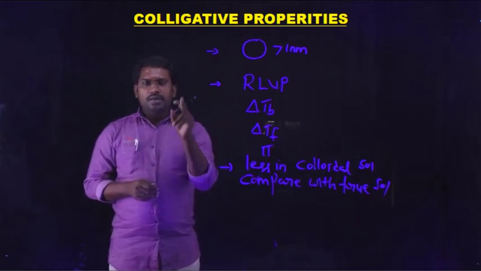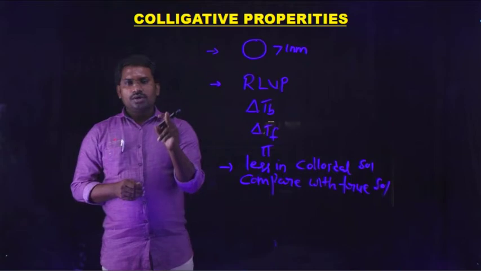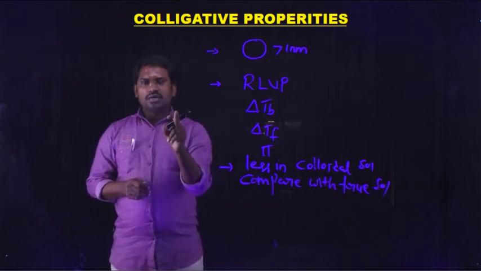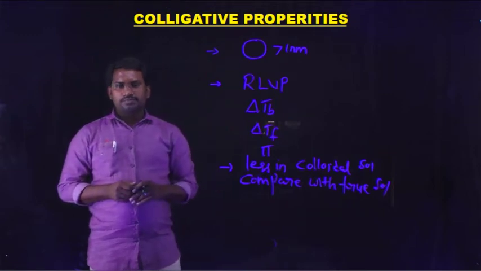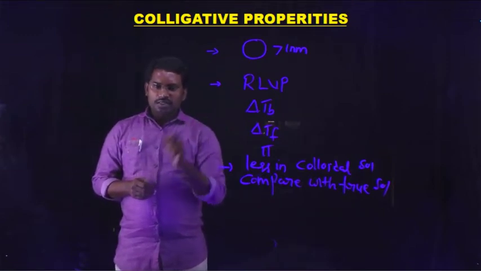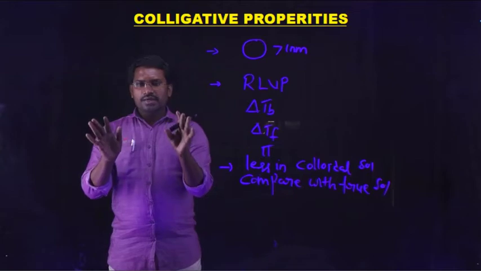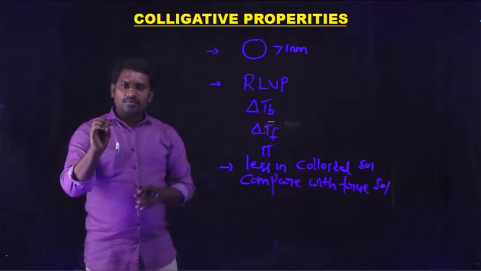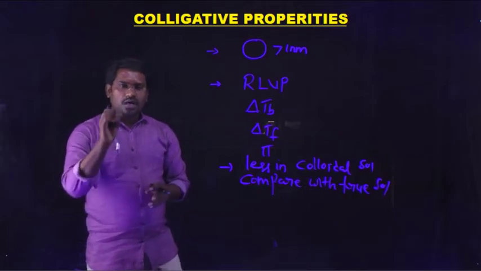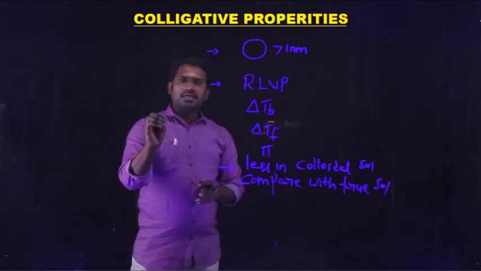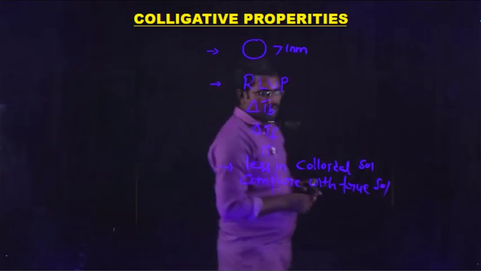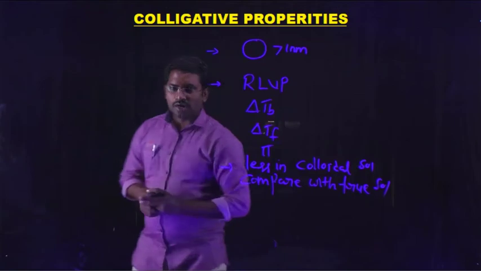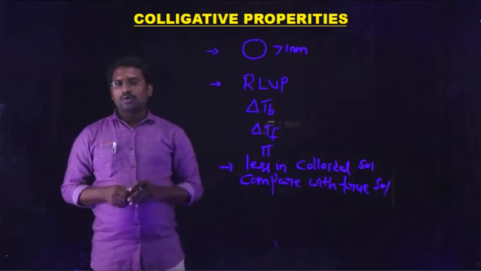Due to the bigger size of the colloidal particles, the colloidal solution has fewer particles. Due to the small particle size, true solutions contain more particles. Therefore, due to the presence of fewer colloidal particles, the colligative properties are very low in a colloidal solution compared with a true solution. This is the first property of colloidal solutions, that is, colligative properties.